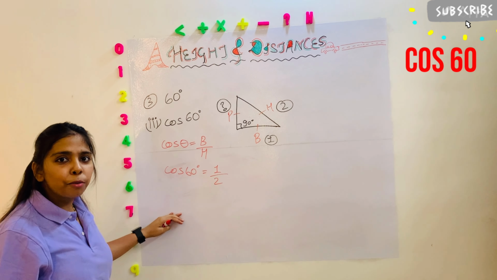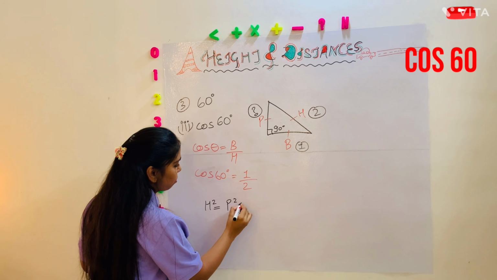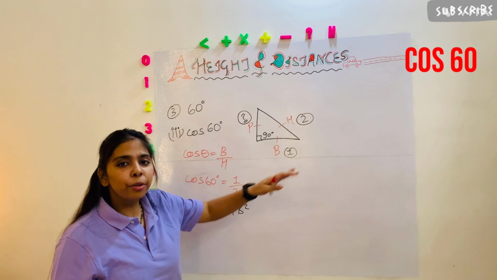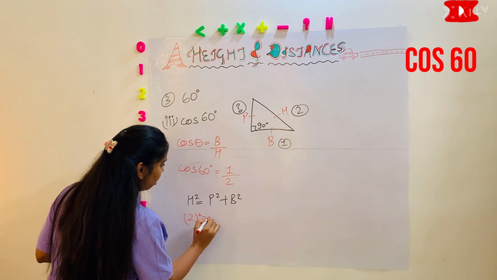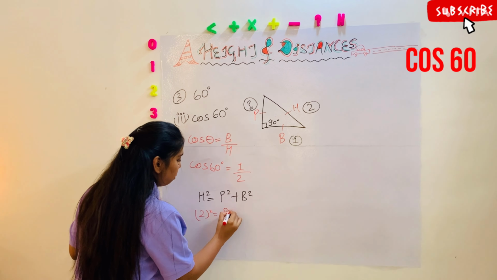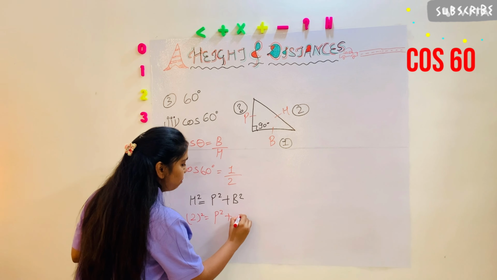So the Pythagoras equation is hypotenuse square is equal to perpendicular square plus base square. And the value of hypotenuse is 2, so the square of 2. And the value of perpendicular is unknown, so here is perpendicular square, and the value of base is equal to 1, so here is 1 square.